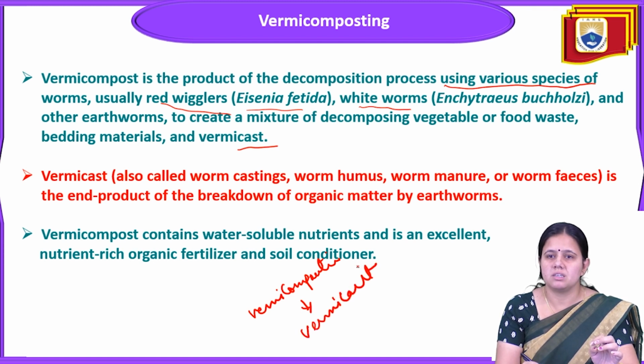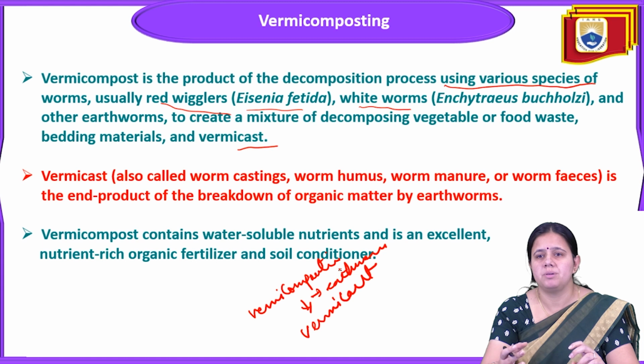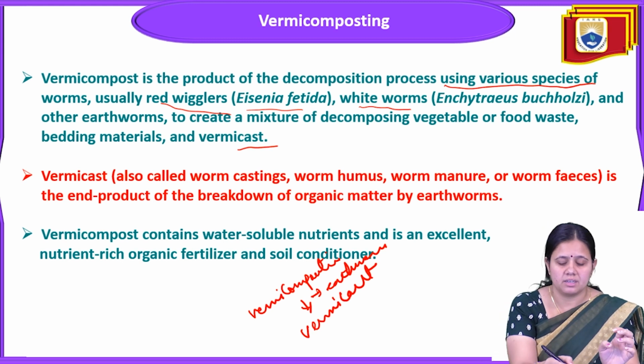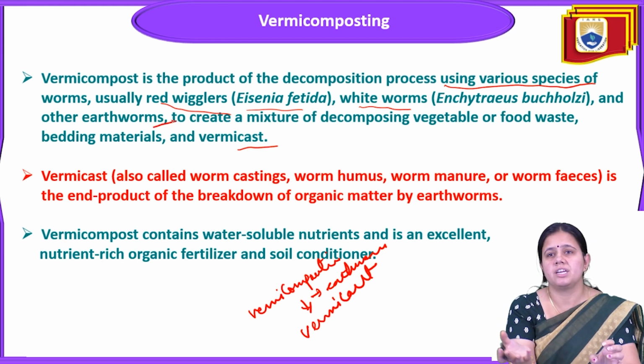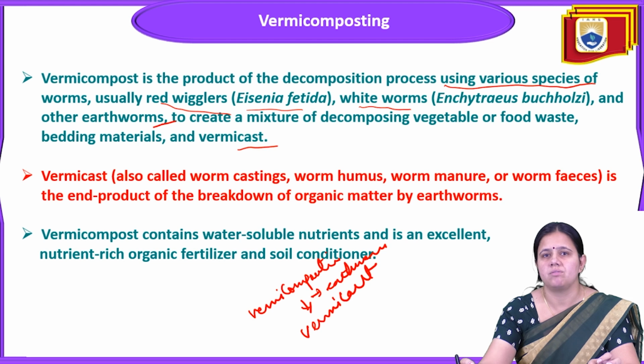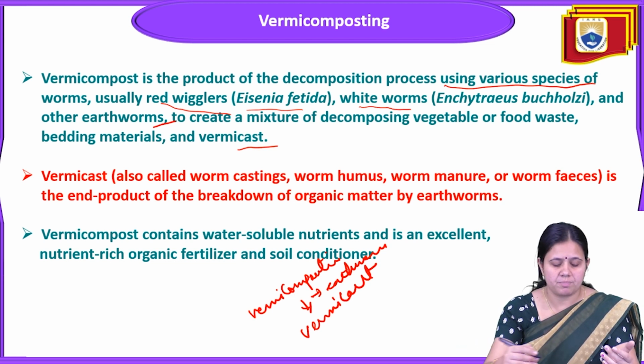This vermicast can be made by using earthworms such as the red wiggler, white worms and some other earthworms, and they help to create a mixture of decomposing vegetables and food waste, bedding materials and vermicast. So what is this vermicast?